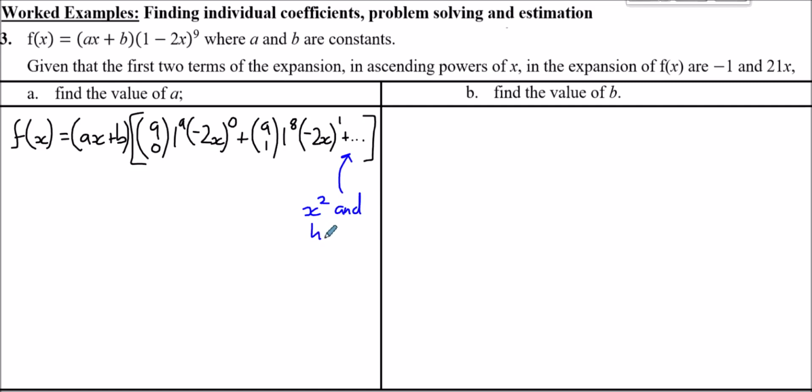So why don't we need to worry about those? It's because if you read the question, it says the first two terms in powers of x going up are -1 and 21x. So we don't care about anything x squared or higher.